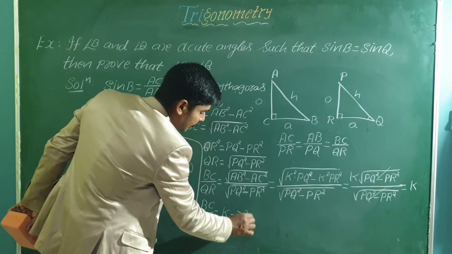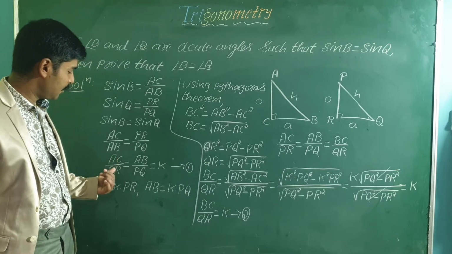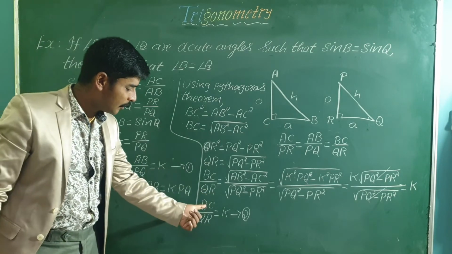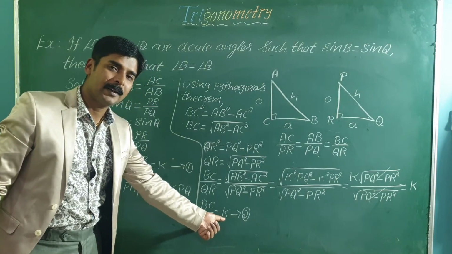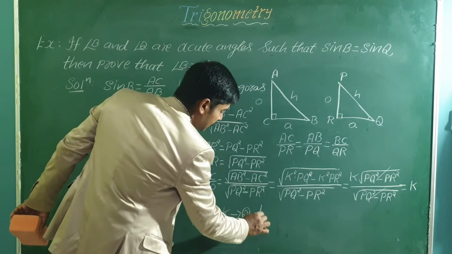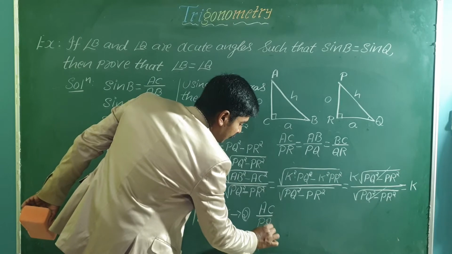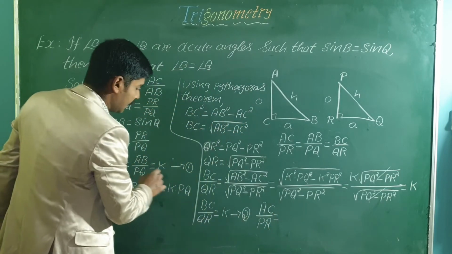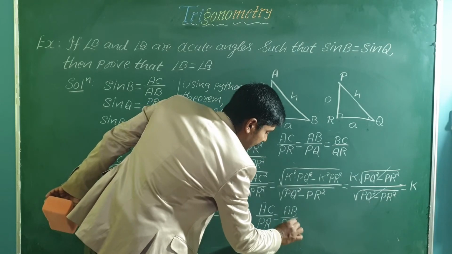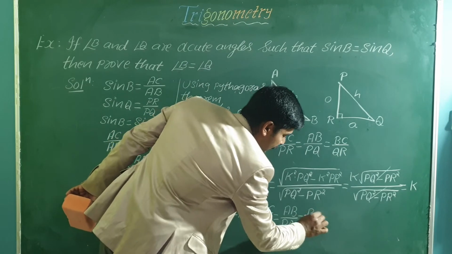Now you look at equation 1 and 2. In equation 1, AC by PR is equal to AB by PQ is equal to K, and in equation 2, BC by QR is also equal to K. So from 1 and 2 we can write AC by PR is equal to AB by PQ is equal to BC by QR.